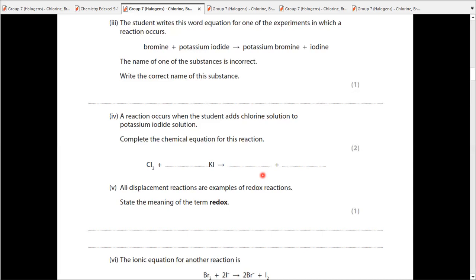All right. Iodide. Bromine spelling is right. Potassium is right. Iodide. Good. So far, so good.